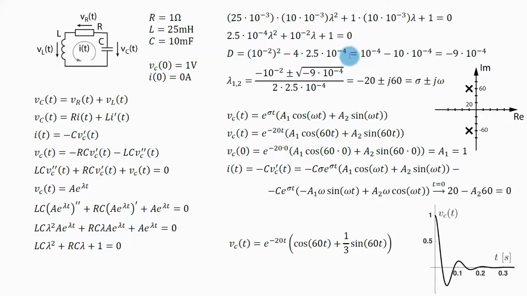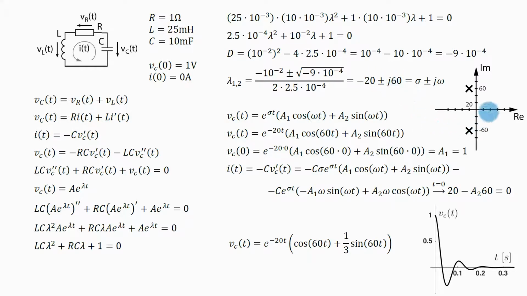When you crunch the numbers, you will find that the discriminant is minus 9 times 10 to the power of minus 4. With the discriminant, you can compute the roots of the characteristic equation. Again, you need to evaluate this formula, and when you do, you will get that your roots are minus 20 plus minus j60.